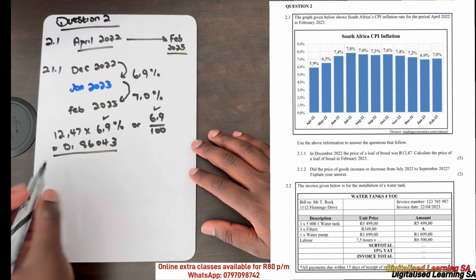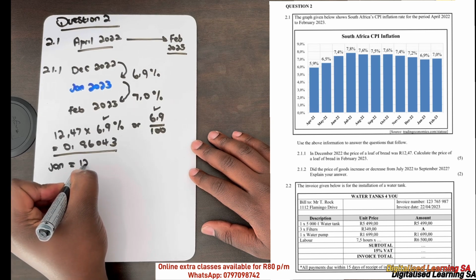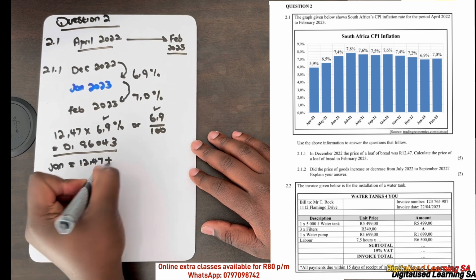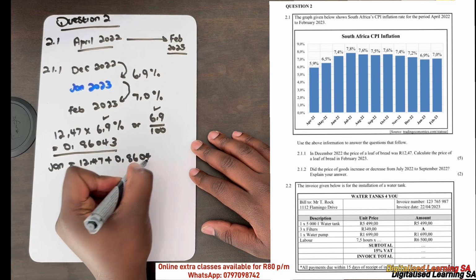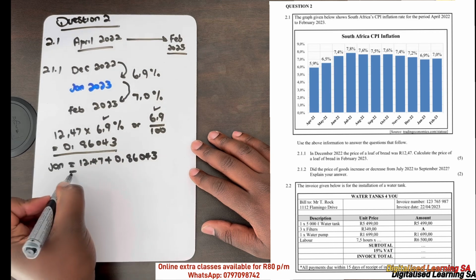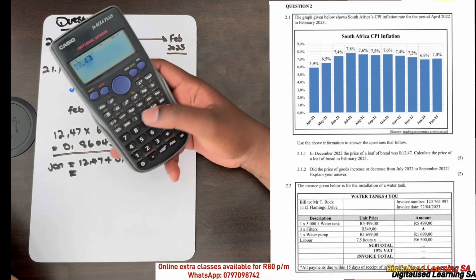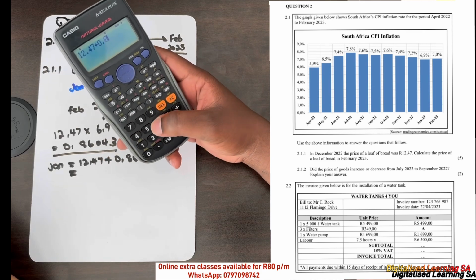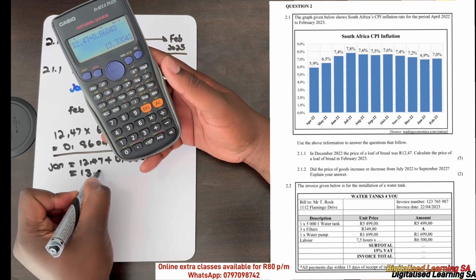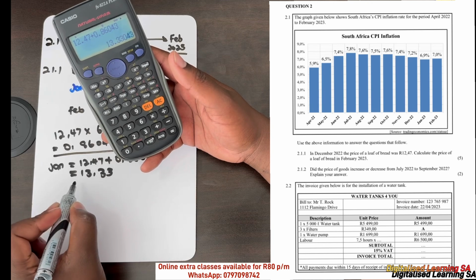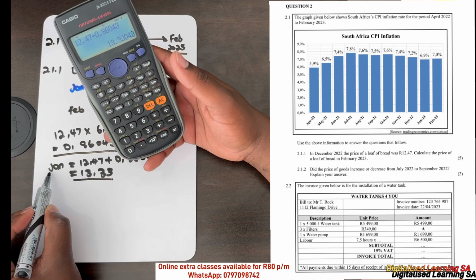So now we can say the price of bread in January will be equal to 12.47 plus 0.86043, and the answer will be 13.33. So now we can round off to 2 decimal places because this will be our final answer for January.